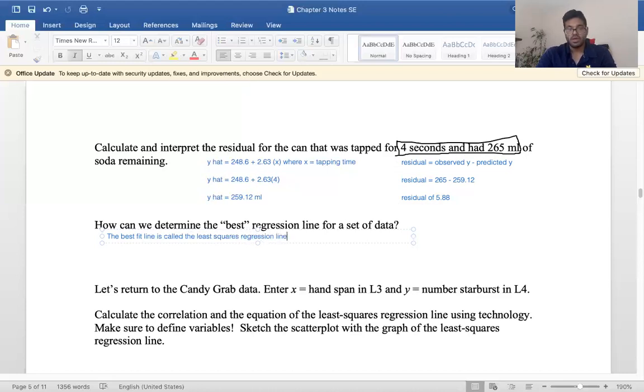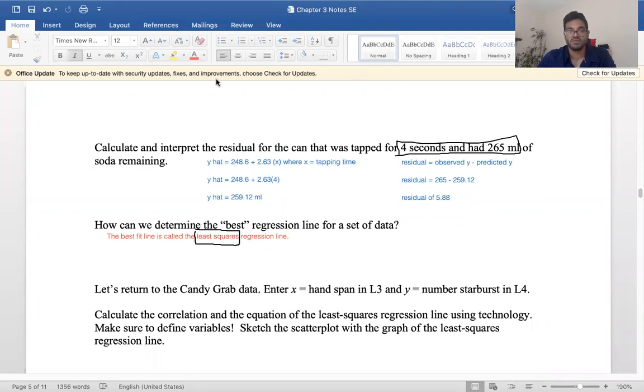Okay, and what this does, I'm going to box in the word least squares, because that's the most important part of this. Okay, so least squares.